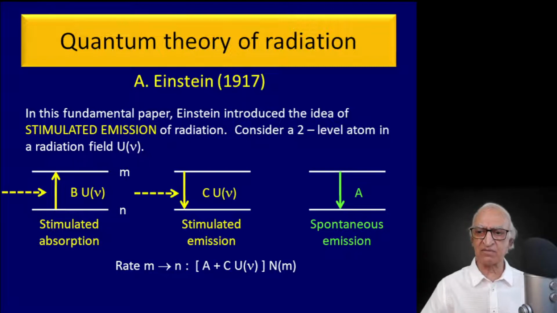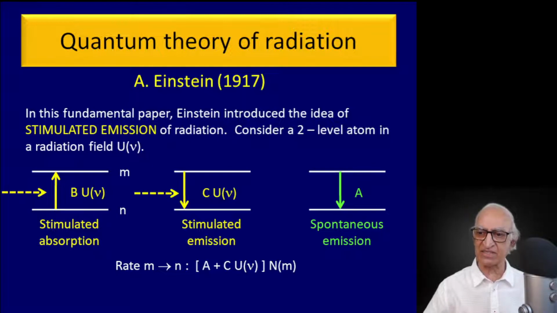Now let's write down the rate of transition from the state M to N, from the upper level to the lower level. There are clearly two processes involved. One is the spontaneous emission, which Einstein said is proportional to a coefficient A, which is independent of the external radiation field because this is spontaneous emission.